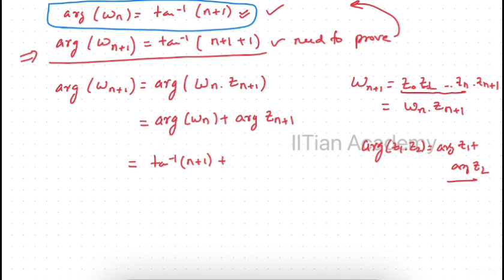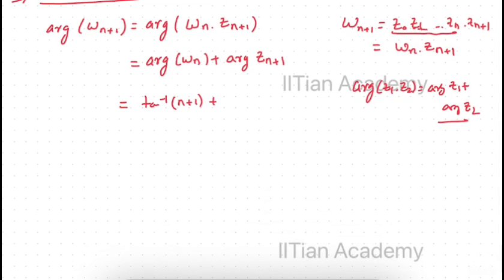So zn plus 1 would be (n plus 1) whole square plus (n plus 1) plus 1 plus i. So the argument would be tan inverse of 1 divided by (n plus 1) square plus (n plus 1) plus 1.